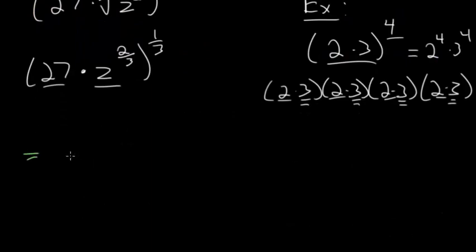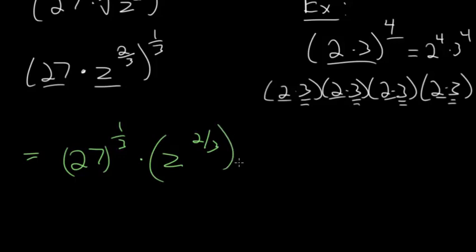This is equal to 27 to the 1/3 power multiplied by z to the 2/3, and again raised to the 1/3 power. Now, 27 to the 1/3, we're just looking at the cubed root of 27, which is going to be a whole number. That's just 3, since 3 multiplied by itself 3 times does give you 27.